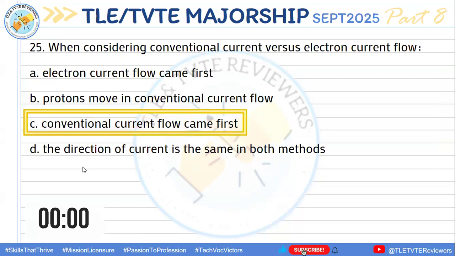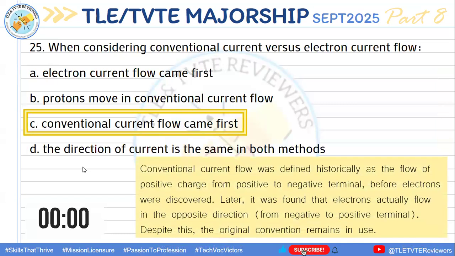Answer letter C, conventional current flow came first. Conventional current flow was defined historically as the flow of positive charge from positive to negative terminal before electrons were discovered. Later, it was found that the electrons actually flow in the opposite direction, from negative to positive terminal. Despite this, the original convention remains in use.